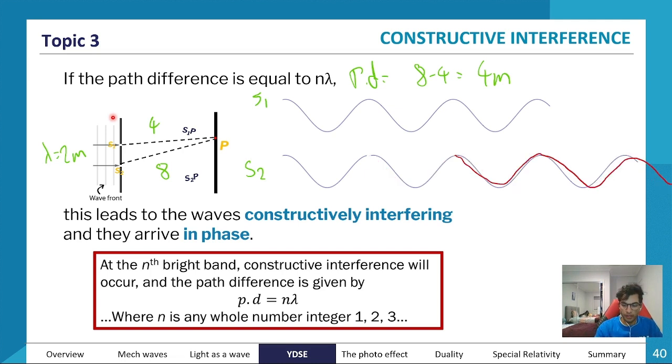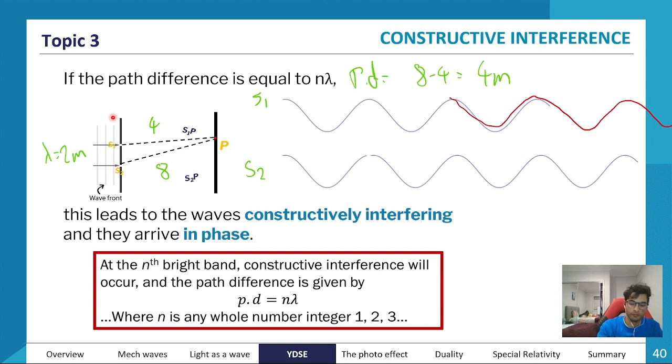You can see these two waves are going to constructively interfere. They constructively interfere because even though the second wave has to travel 4 meters longer, the two waves are still in phase. They're still in sync, and because they're still in sync, they will still constructively interfere, and we're going to get a bright spot.